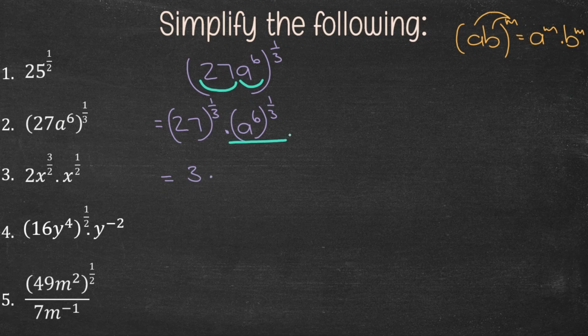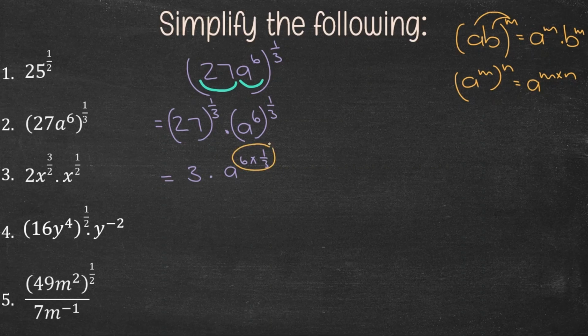Now, for this one, we're going to apply another exponent law. And that law says, whenever I have an exponent or a power, and it is raised to another power, then I keep my base and I multiply the exponents. So let's apply this law. I've got a to the power of 6 multiplied by 1 over 3. Let's simplify this.